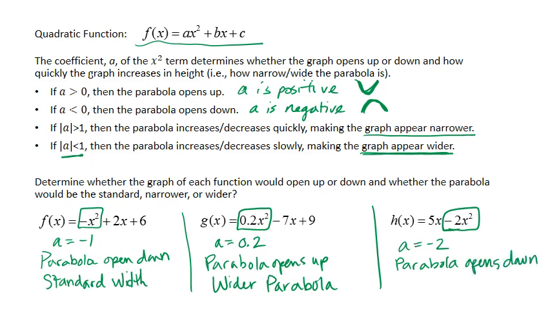And because the absolute value is greater than 1, it would be a narrower parabola. So a influences both whether the parabola opens up or down and how wide the parabola is.